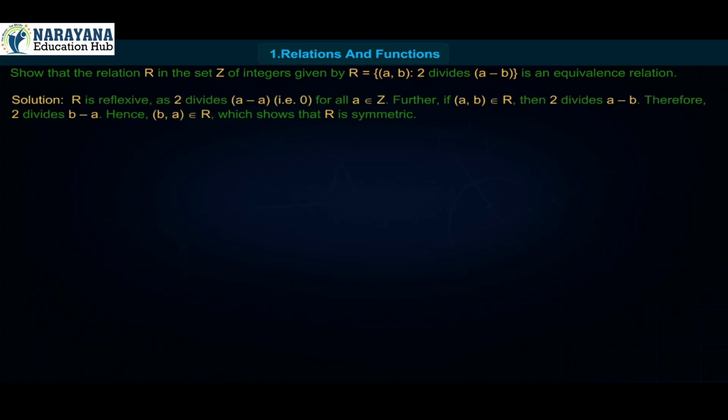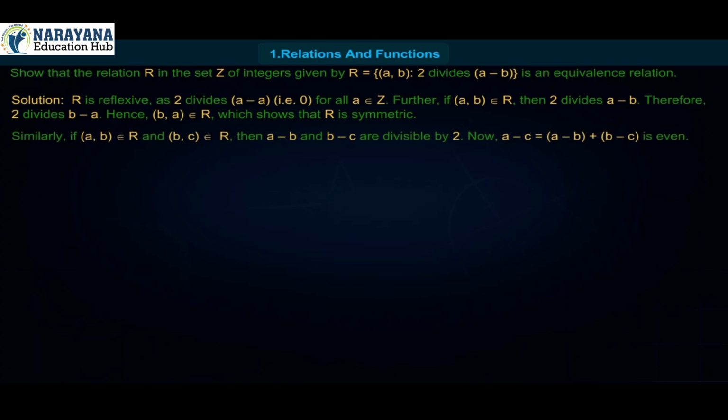Solution: R is reflexive as 2 divides a minus a, that is 0, for all a belongs to Z. Further, if the ordered pair (a, b) belongs to R, then 2 divides a minus b. Therefore, 2 divides b minus a. Hence, the ordered pair (b, a) belongs to R, which shows that R is symmetric.